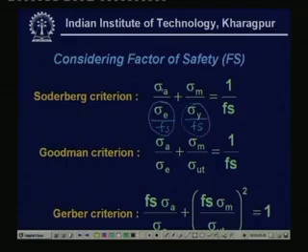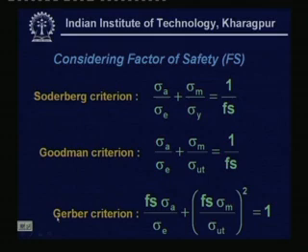So this factor of safety comes over here, and if you divide by the factor of safety, ultimately you get a relationship of this nature. So in this case you have the equations of the Soderberg criterion, the Goodman criterion and the Gerber criterion, including the factor of safety.